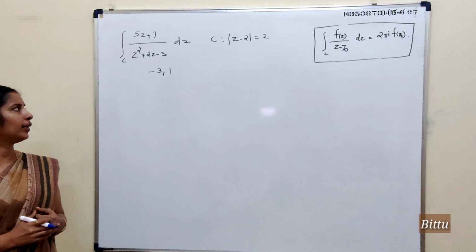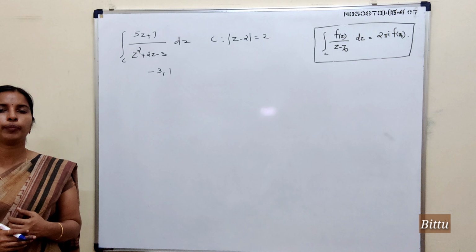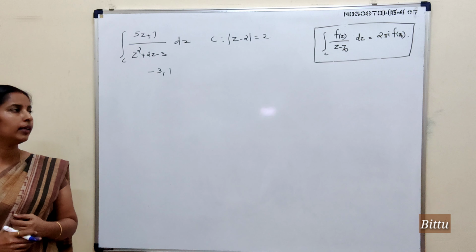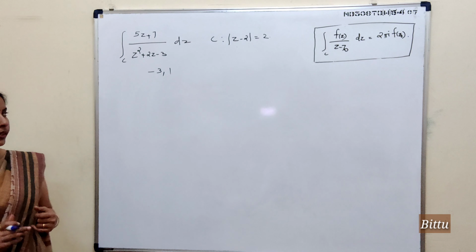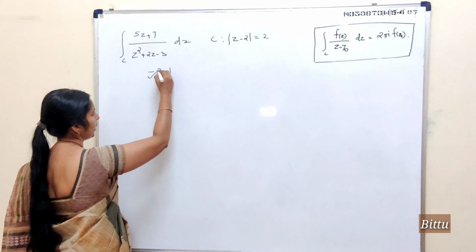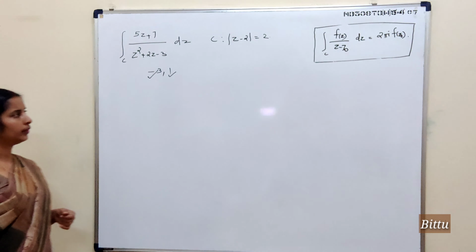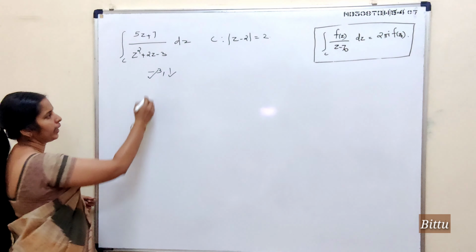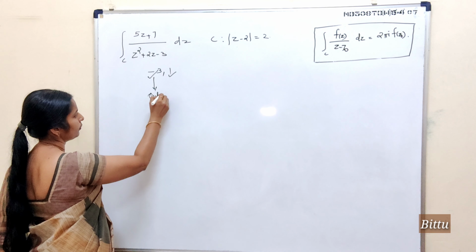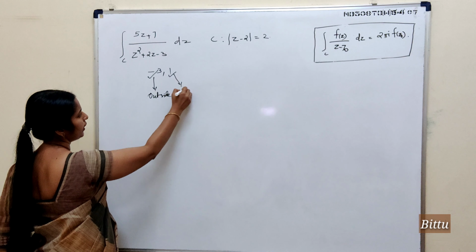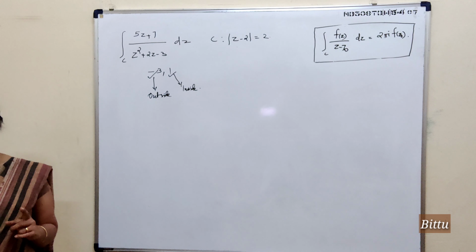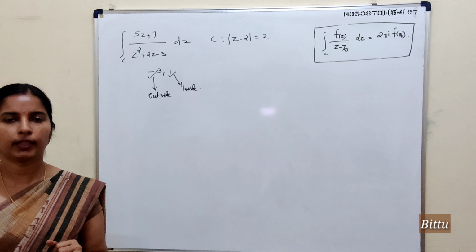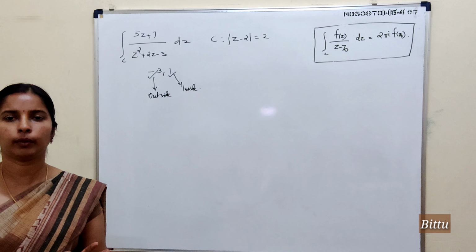By looking into the given function, we can find its singular points by solving the denominator, and we can see its values are minus 3 and 1. So the singularities of the given function are minus 3 and 1. Clearly, minus 3 is outside and 1 is inside. Here, one singular point is within C. Only one singular point.